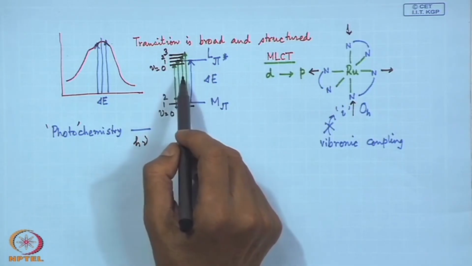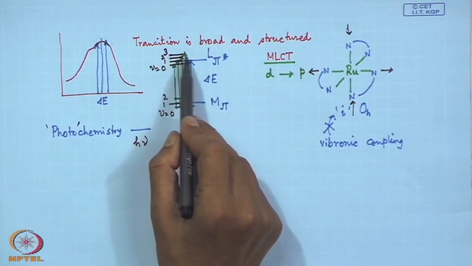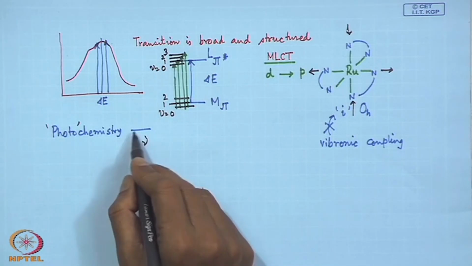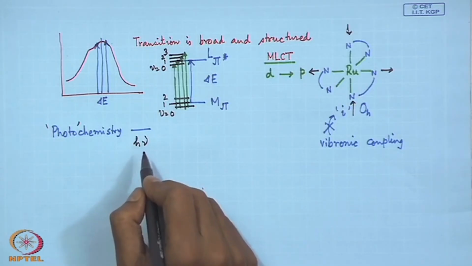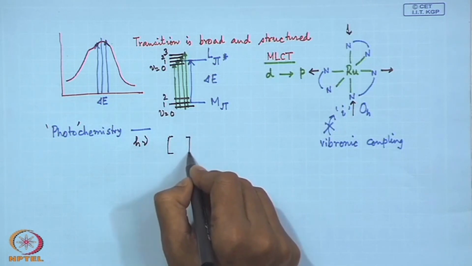That means the excited states due to the corresponding charge transfer transition, the metal ligand charge transfer. So, this particular radiation can excite the molecule from the lower level to the higher level.